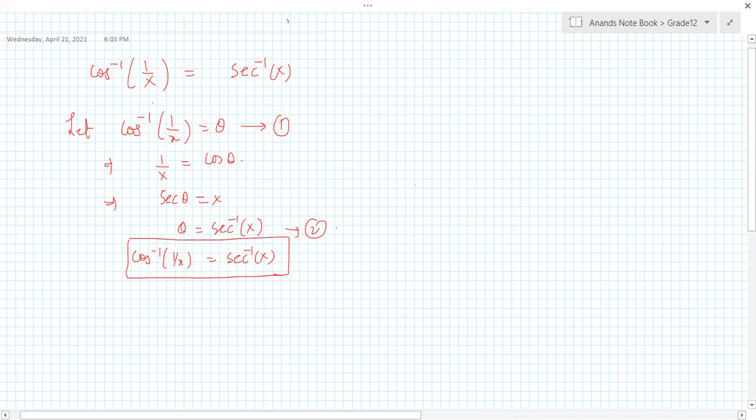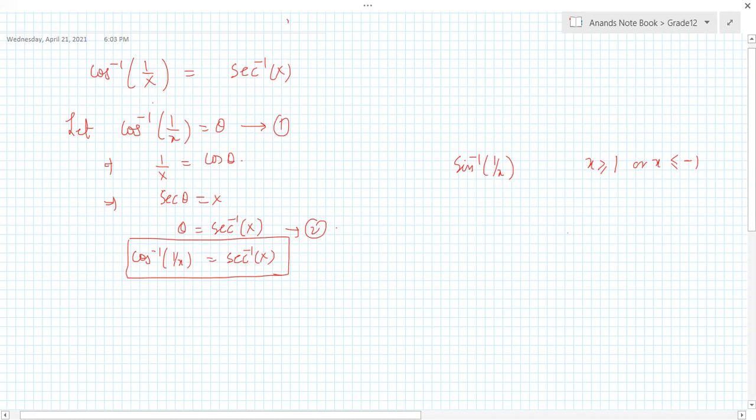So for sine inverse of 1 by x, x has to be greater than or equal to 1, or x has to be less than or equal to -1.